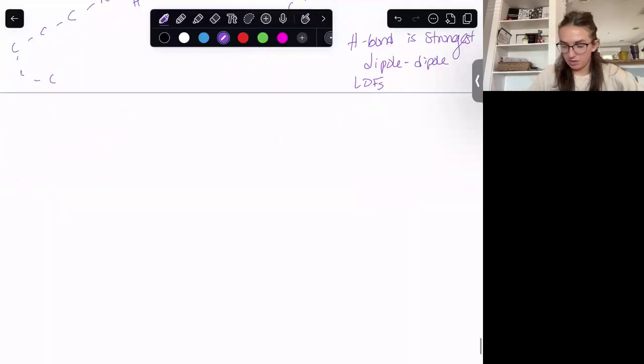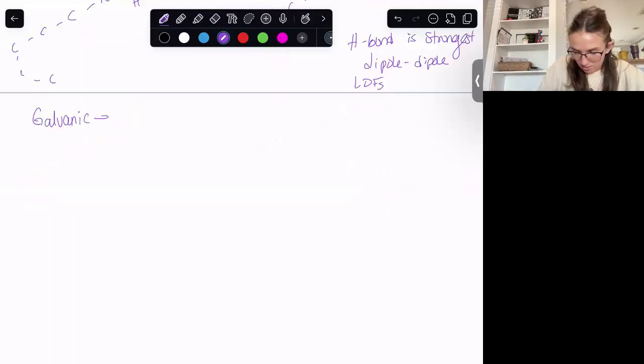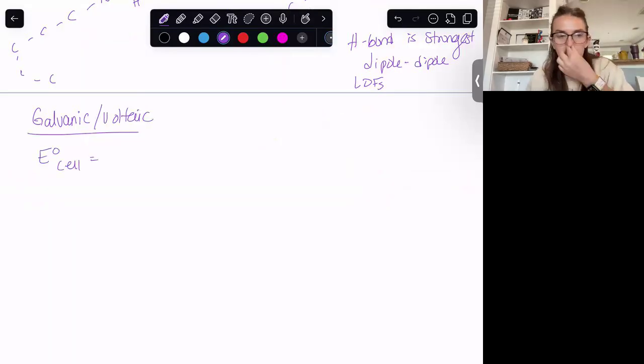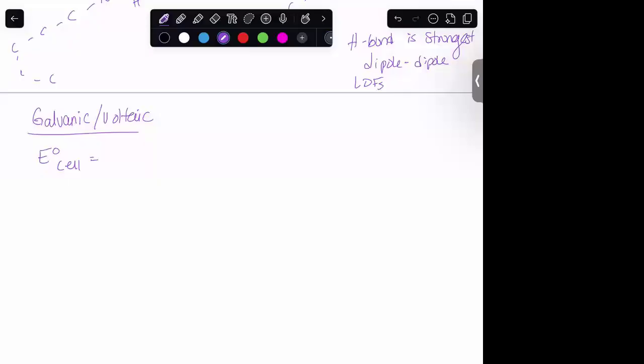I think the big thing here is that if we have a galvanic or voltaic cell, what does that mean for E cell? What's the sign of E cell for a galvanic or voltaic cell? Positive. Yep, so this will be positive.